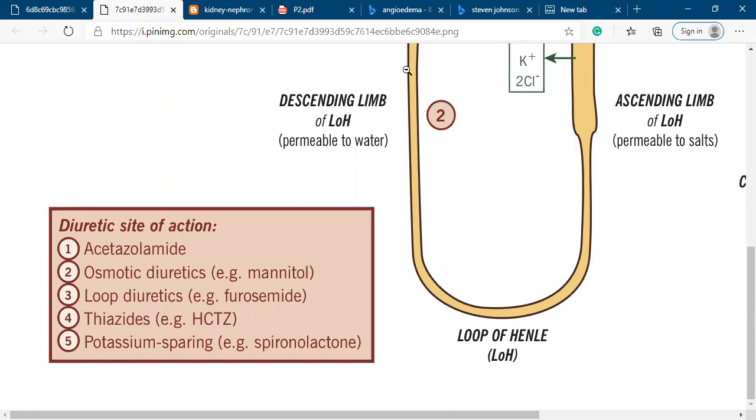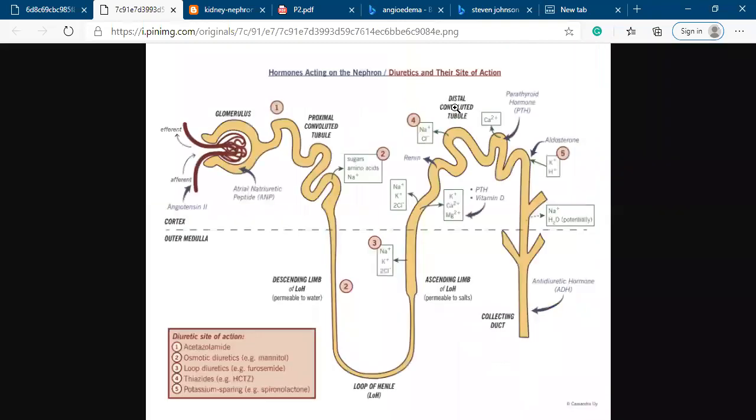The side effect of potassium sparing diuretics is that they may cause agranulocytosis. So if I go back a little bit here, this is the structure of the nephron, right?